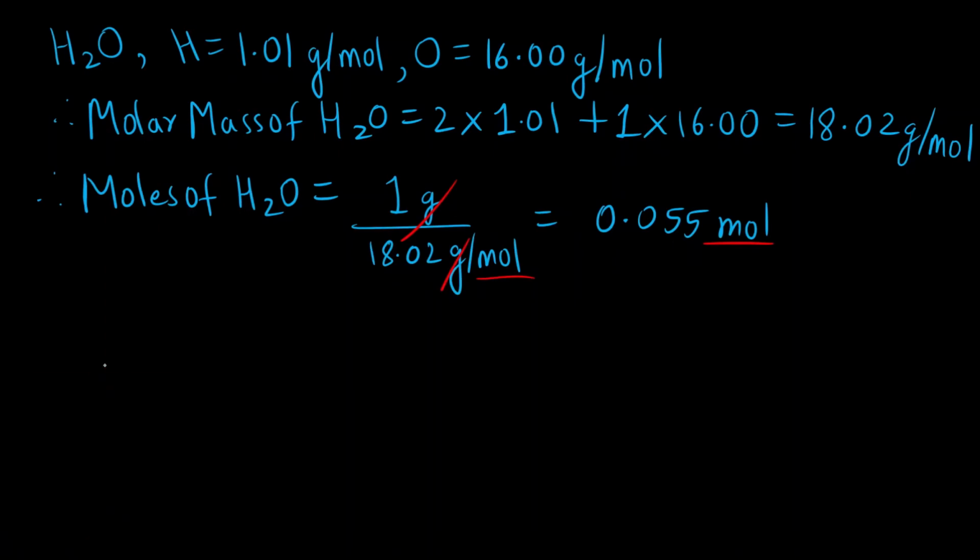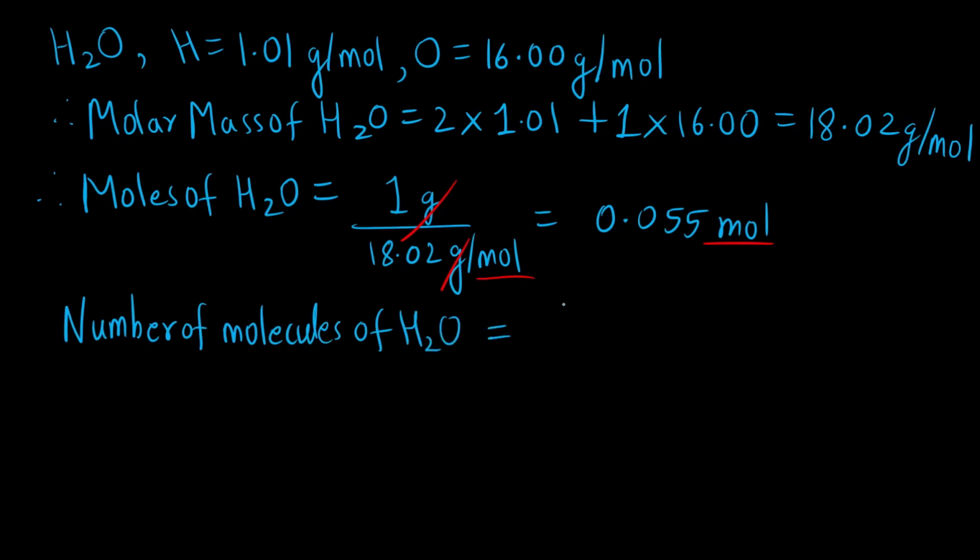Since we have got the number of moles, now we can find out the number of molecules of water. The number of molecules of water will be moles, that is 0.055 mole, into Avogadro number 6.022 into 10 raised to 23 mole inverse.